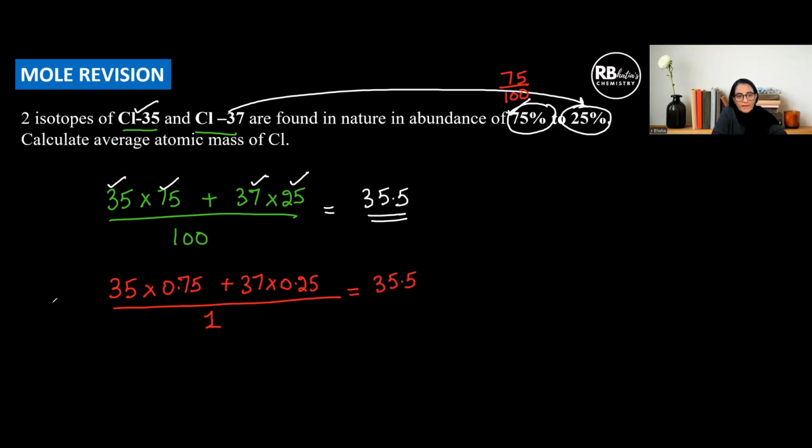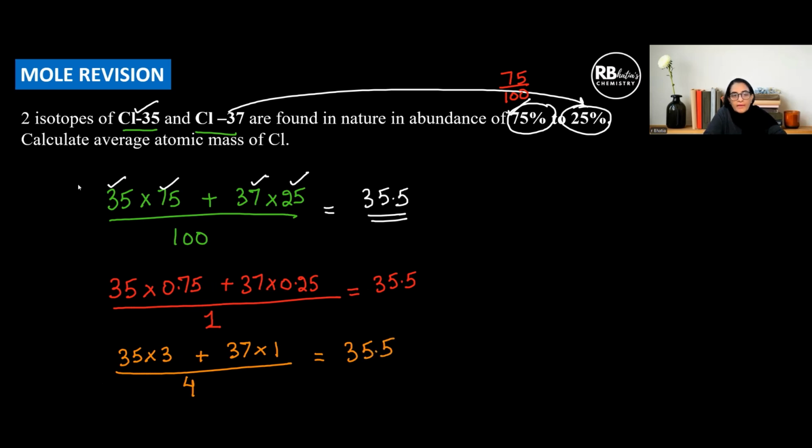Or I could have chosen to solve it this way also. 75% means out of every 4 atoms, 3 atoms weigh 35 and 1 weighs 37, and the total atoms are 4. So I get it as 35.5.